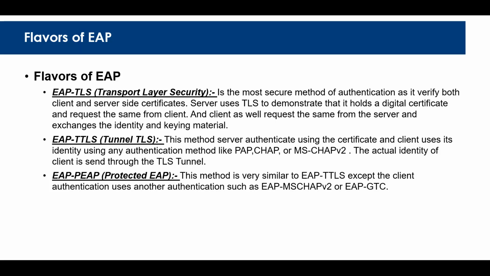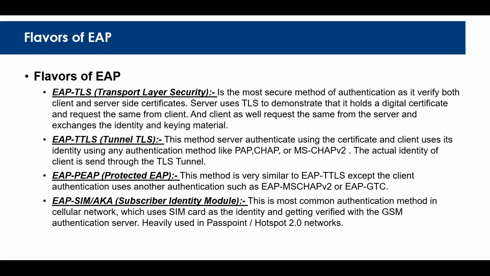Next is PEAP, Protected EAP, which is very similar to EAP-TLS, except the client authentication uses another method such as EAP-MSCHAPv2 or GTC. Next is EAP-SIM or AKA, Subscriber Identity Module. This is the most common method in cellular networks, which uses the SIM card as the identity and is verified using the authentication server. This is heavily used in Passpoint or Hotspot 2.0 networks.